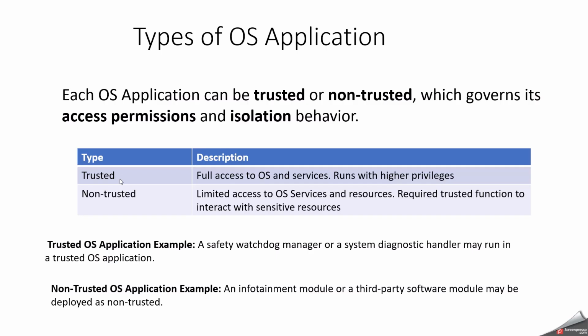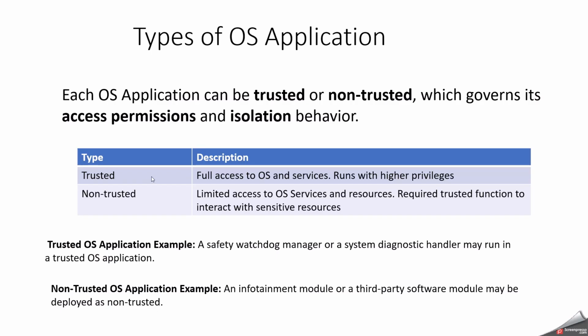Trusted OS application means this has full access to OS and services. And trusted OS application will run with higher privileges. So trusted OS applications are allowed to run with monitoring or protection features disabled at runtime, and they are allowed to run in privileged mode when supported by the processor.